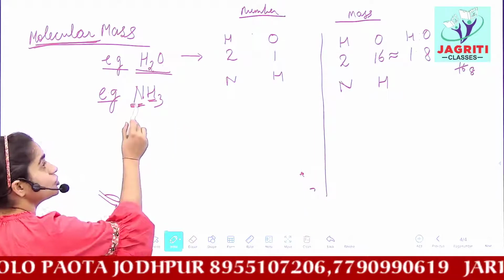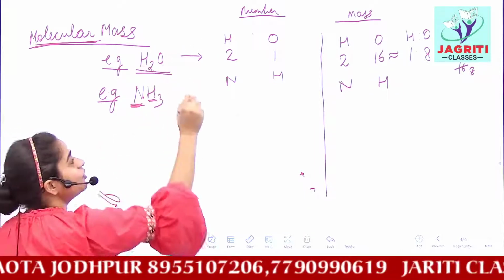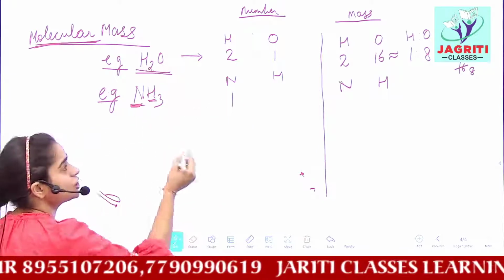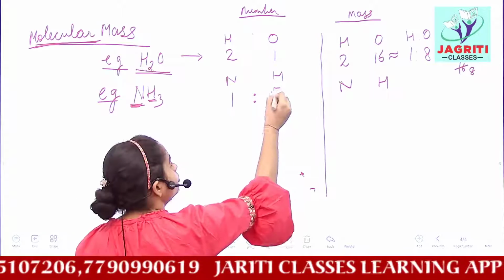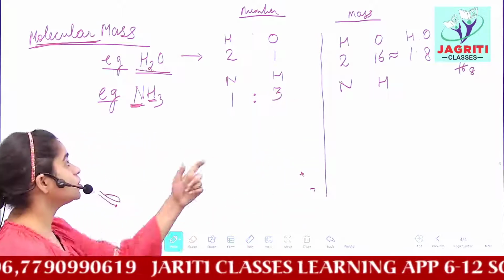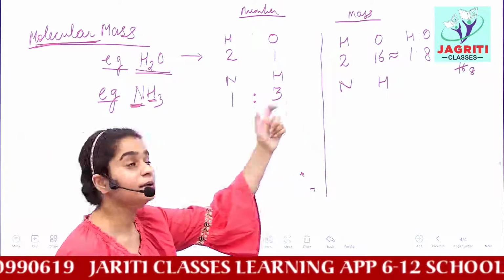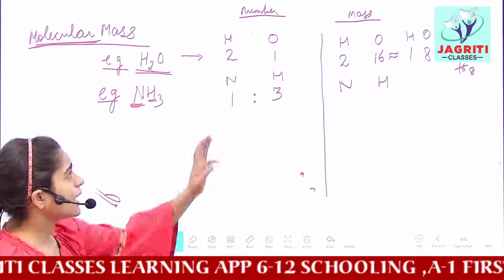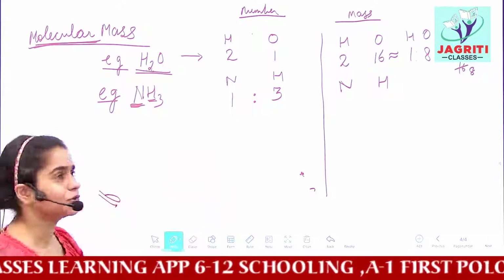How many nitrogen atoms are present? By number we are talking, the nitrogen atom is 1. And how many hydrogens do we have? We have 3 hydrogens. So the ratio of nitrogen to hydrogen as per the number ratio would be 1:3. And talking about the mass ratio, it is very simple.